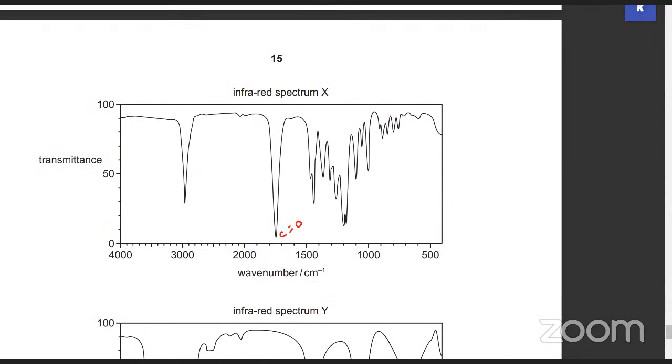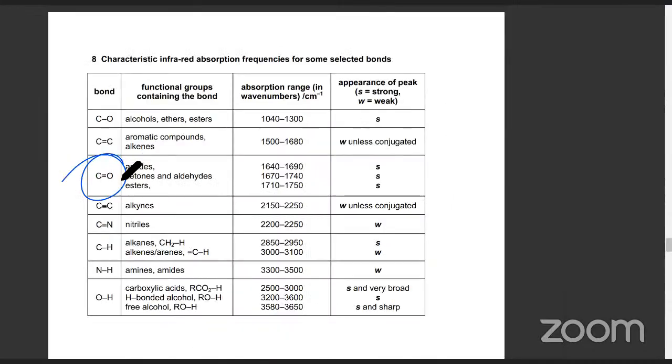The only thing that you pretty much get from infrared spectroscopy is, one, you're able to identify the C=O bond, and the other thing is the OH is identified very easily. The OH of a carboxylic acid is at 2500 to 3000, strong and very broad. So we do have a carboxylic acid with us.